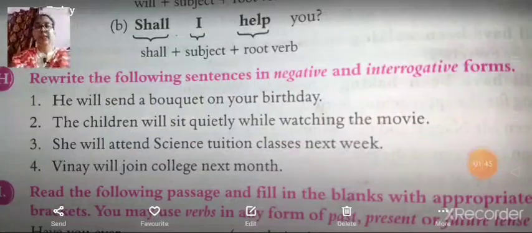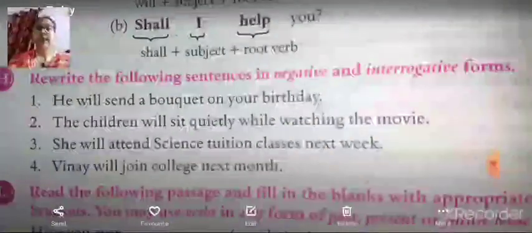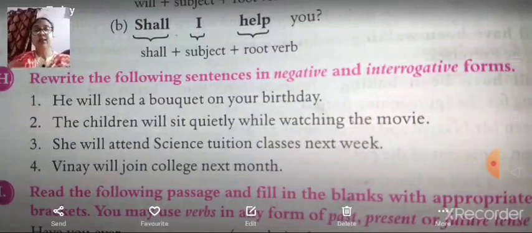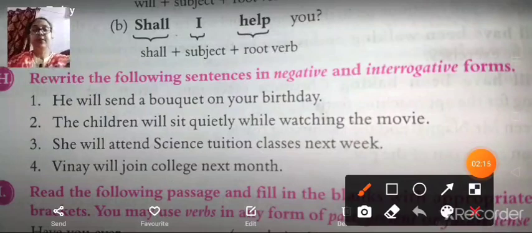Now next exercise, if you can see in this clip, that is exercise number H. Rewrite the following sentences in negative and interrogative form. First of all, we will write in negative form and then interrogative form. The first sentence is, he will send a bouquet on your birthday. Now here negative form we are going to write. So start writing, children.